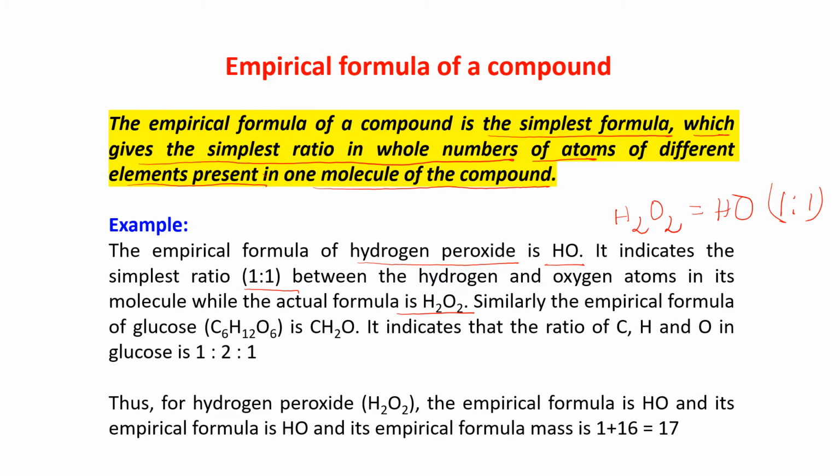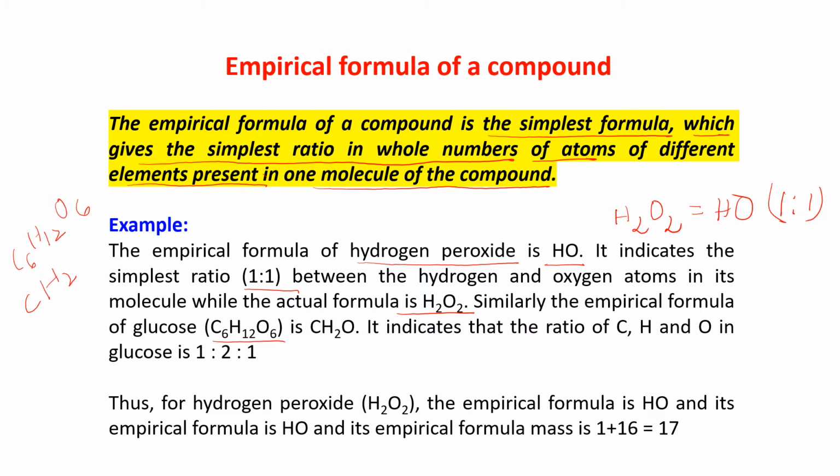Similarly, the empirical formula of glucose. I am just showing it here. C6H12O6. Now find out the simplest ratio. You can divide everything by 6. It is coming CH2O.